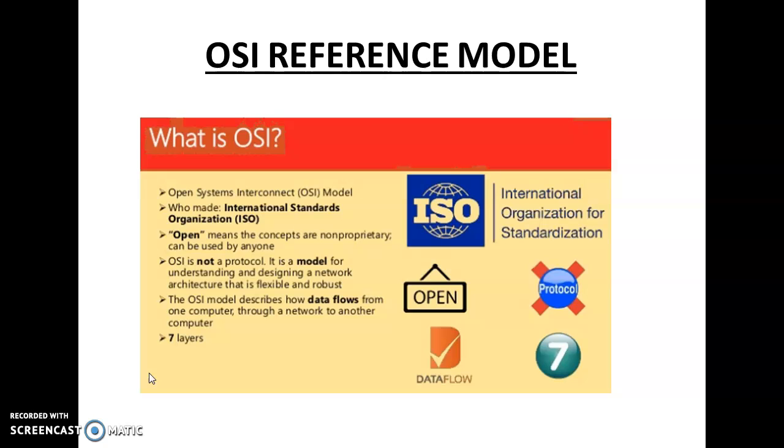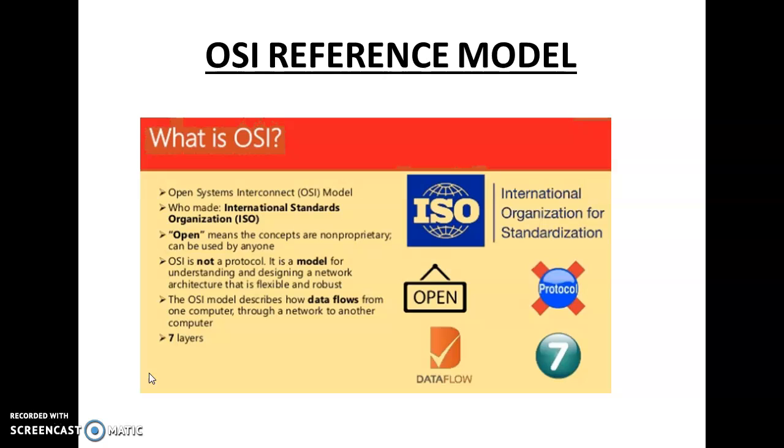It is a reference model based on which the communication happens between any two computer systems. The communication happening through the OSI reference model tells us that the computers and the communication are open for all the computers over the network, which was provided by an organization called ISO, which stands for International Standards Organization, which defines the standardization for the protocols.